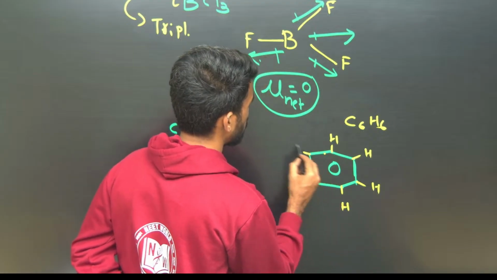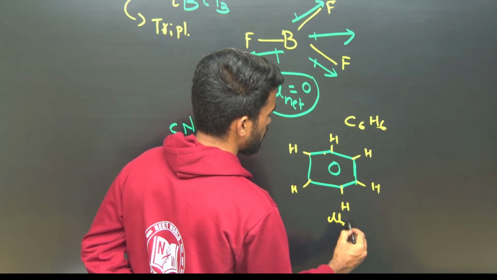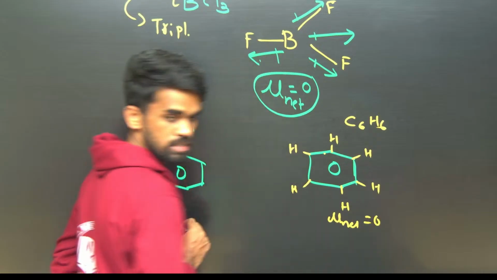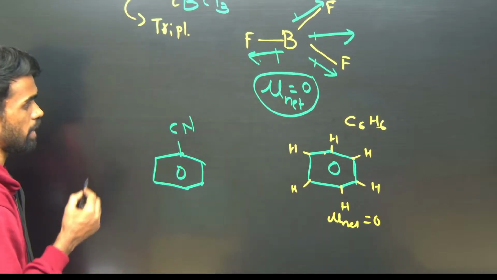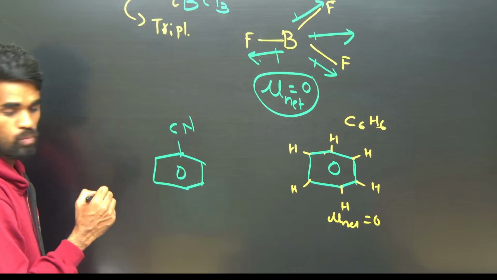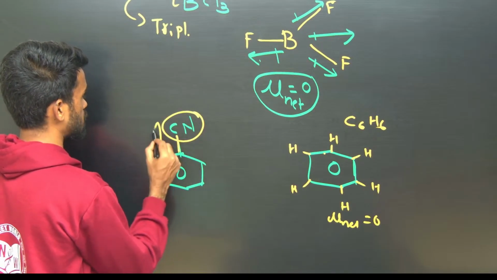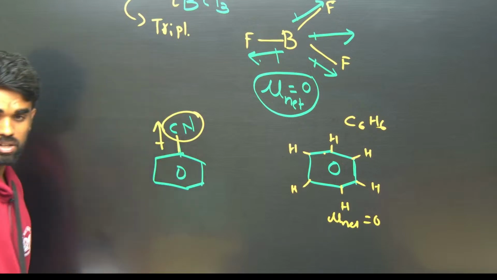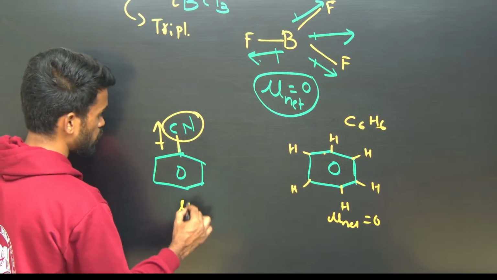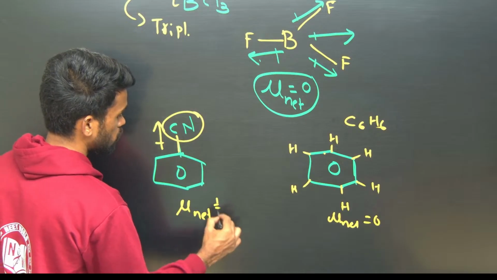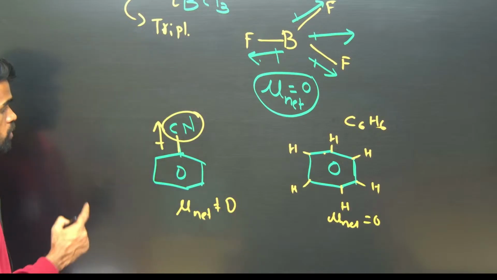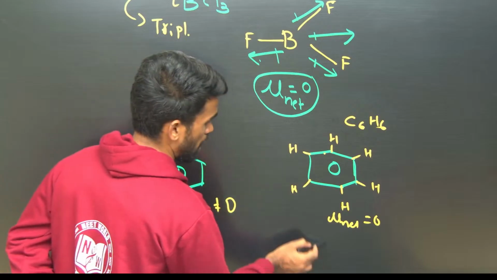The mu net for benzene will be 0. But when any group is attached to the benzene ring, for example this cyano group, which is more electronegative, it is an electron withdrawing group and drags the electrons towards itself, so mu net is not equal to 0. So it has a non-zero dipole moment.